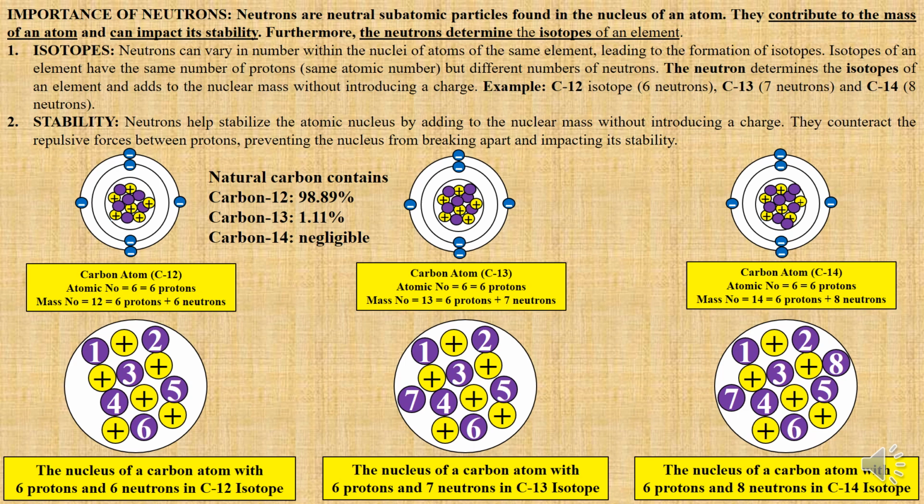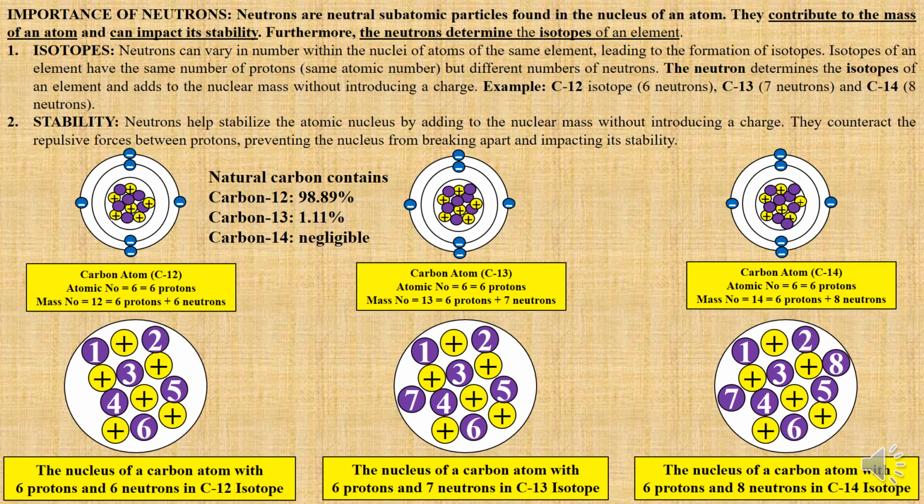So when we compare and contrast these 3 isotopes, we find one thing in common, that is the atomic number. So atomic number is same. So the number of protons remains the same in case of these 3 isotopes, while they differ in terms of neutrons.